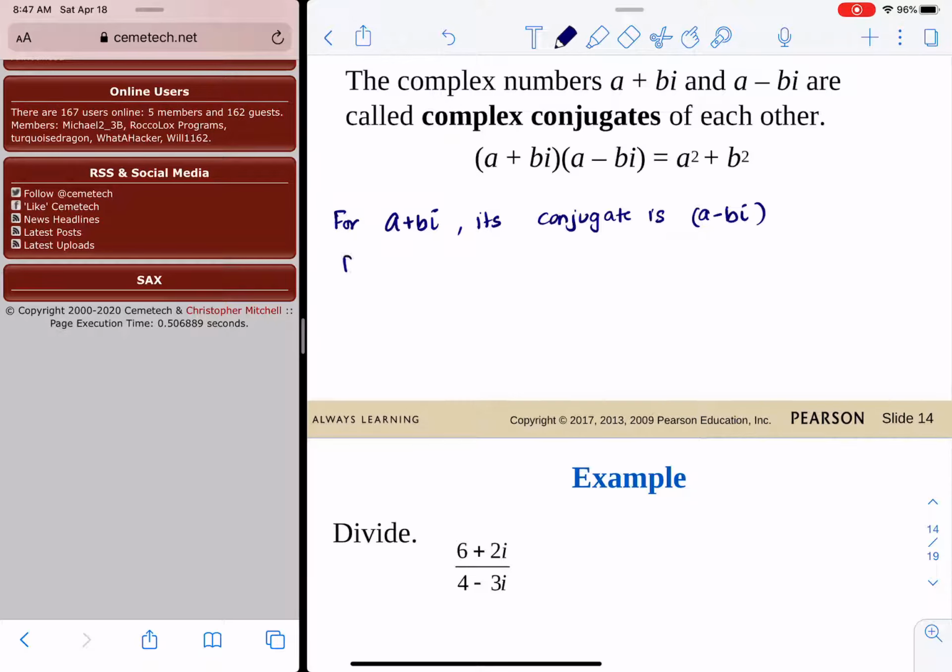Likewise, for a minus bi, its conjugate is a plus bi.